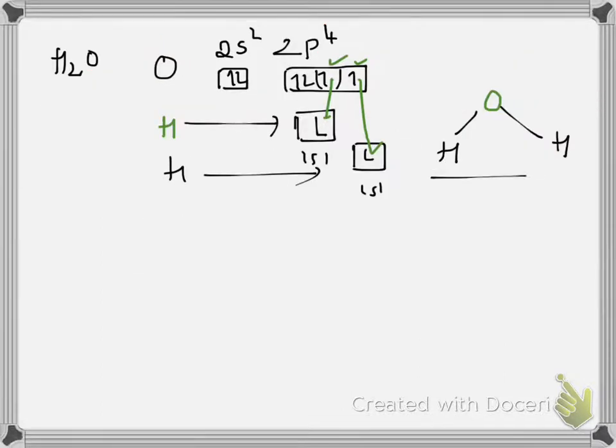In the case of water, structure is like this. Additionally, you can see two lone pairs also. But more importantly, we have to write like this: oxygen having two half-filled p orbitals.